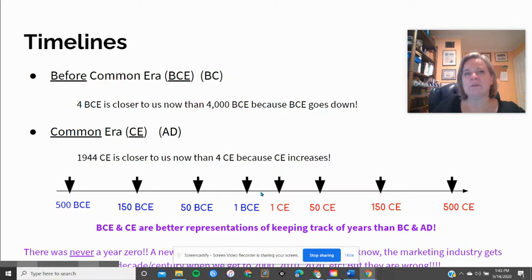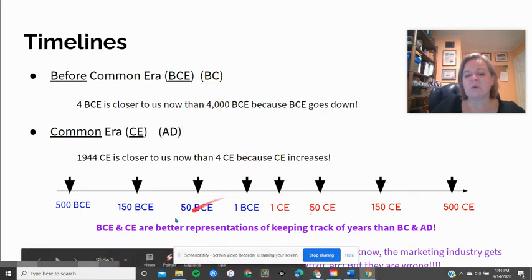We don't all center our studies around one particular God. So, in order to be more inclusive in history and to be more accurate, they changed the way someone had given the terms AD and BC so that you had BCE, before Common Era, and now CE, Common Era.